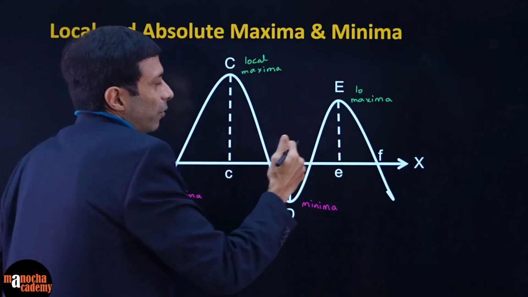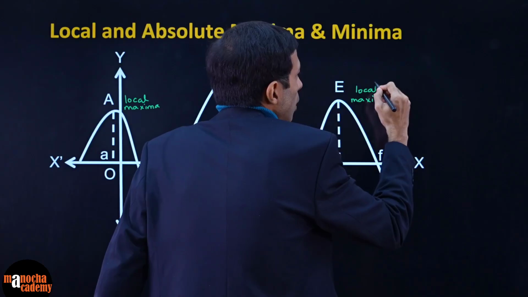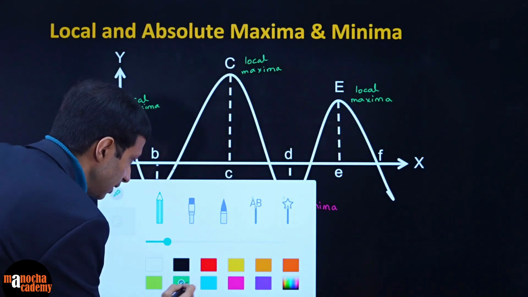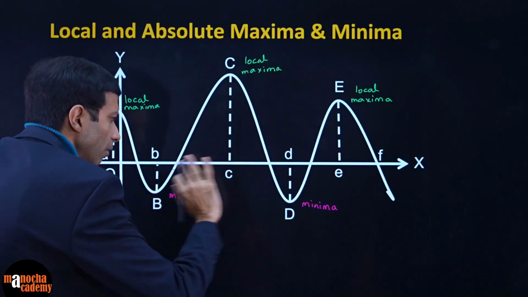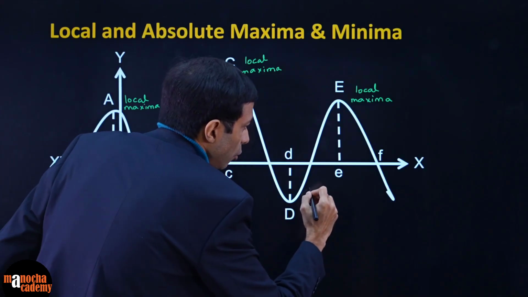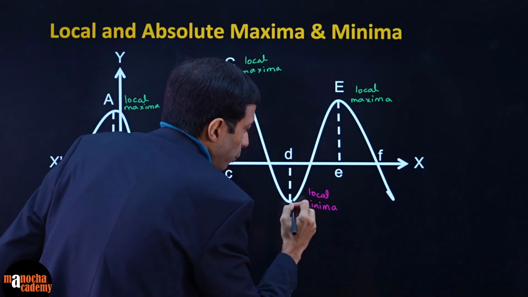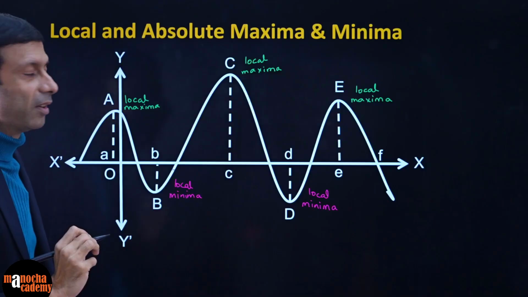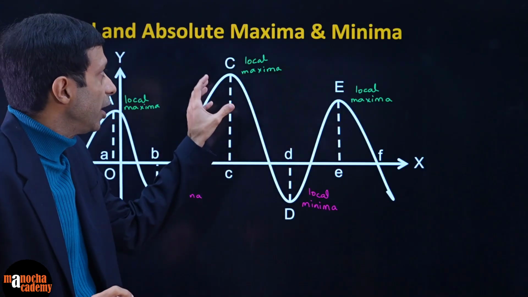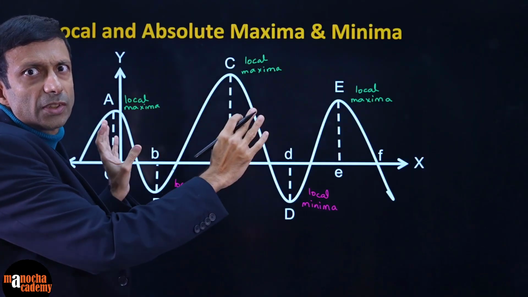And this is also another local maxima. Similarly, you agree that in this area, ignoring the others, this is a local minima, and the same way here, local minima, this point D. So this is one important word: within that area, this is a local maxima, not caring about the rest.